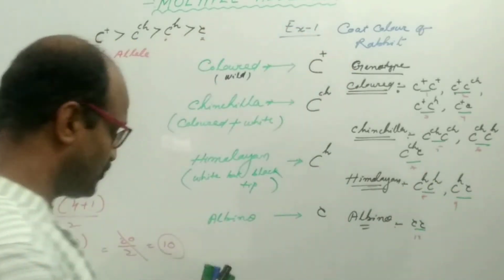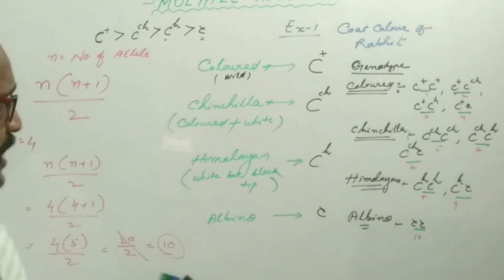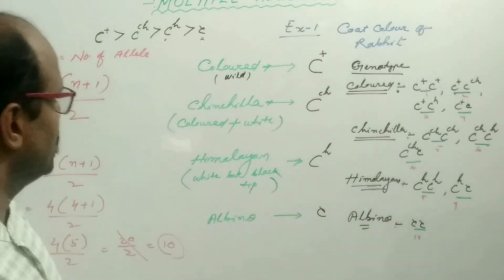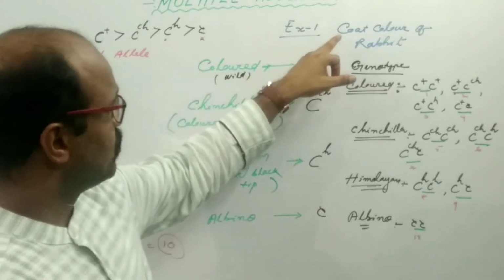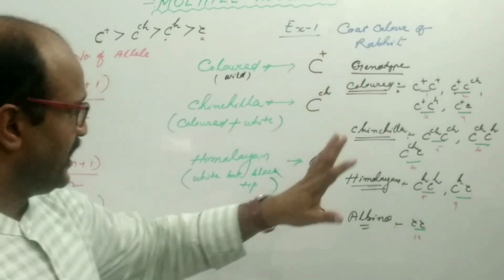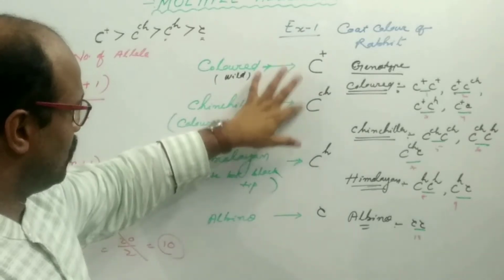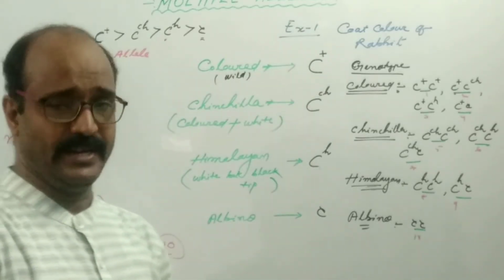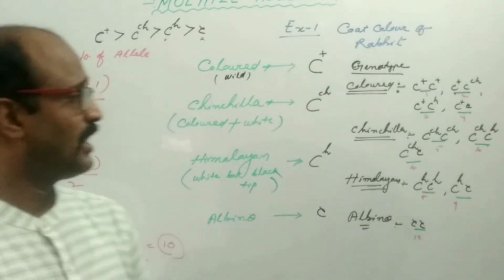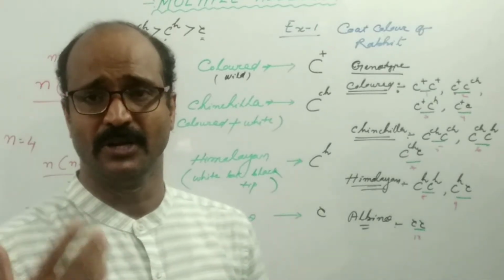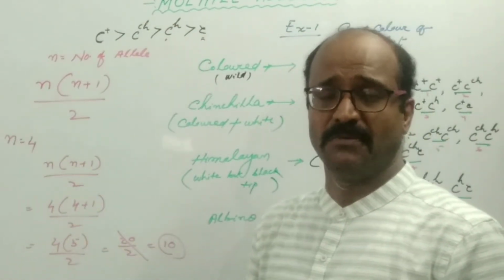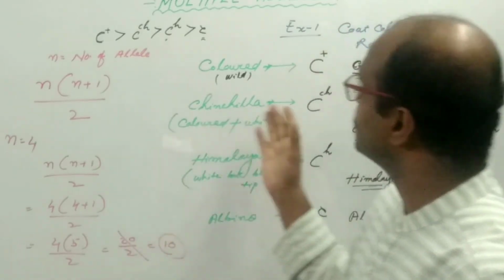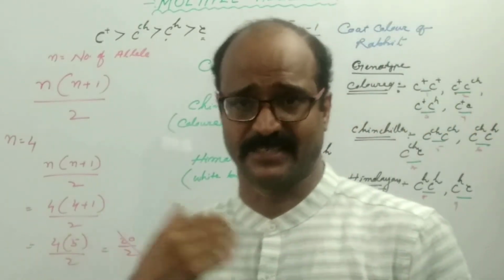So 10 types of genotype are possible in case of multiple alleles, in case of coat color of rabbit, because there are 4 alleles. All this type of formula for working out genetic problems you may find in Principles of Genetics by Gardner. So this is one example. Now come to another example.